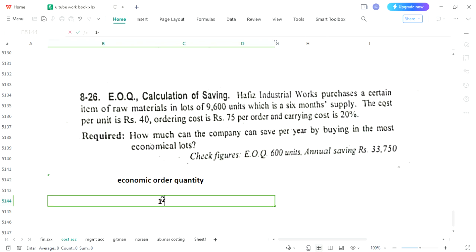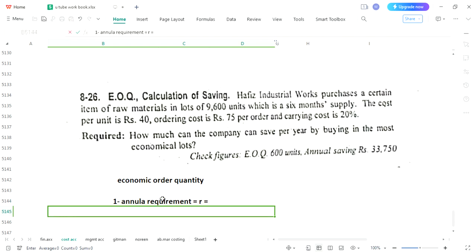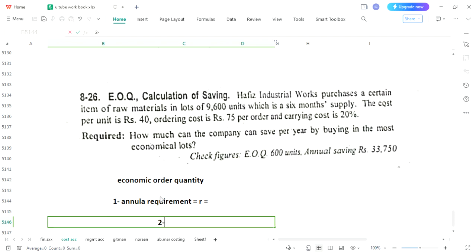For that, there are a few factors we are related with. The very first thing is we must have annual requirement. It would be denoted by small r, and we will search for it in the question. Then the second thing is the cost of placing an order.